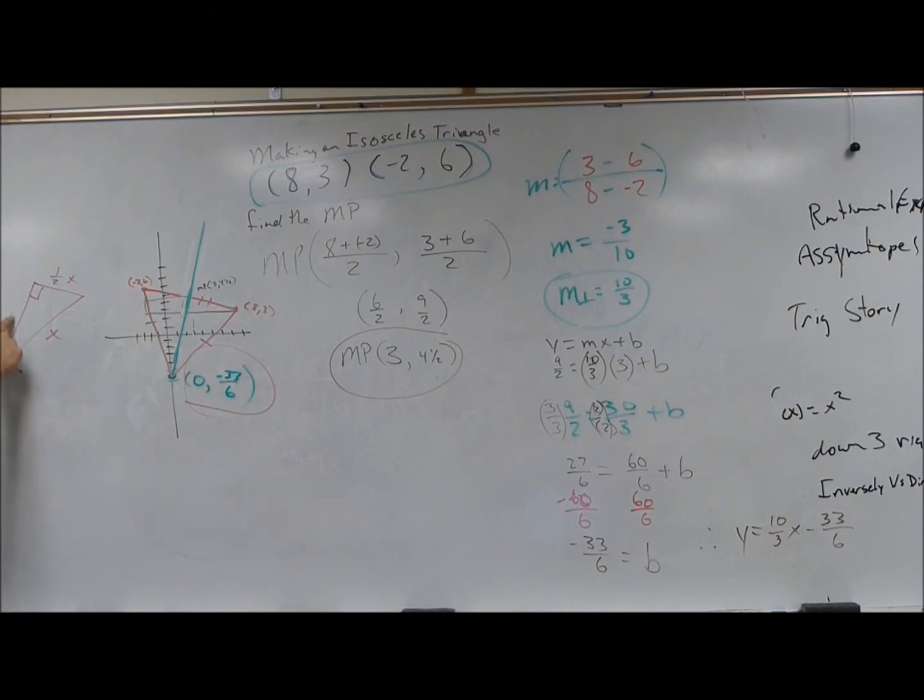That'll tell you what this is, and if you know what this point is and this point is, then by using your triangle trig, you should be able to find this point pretty simply.